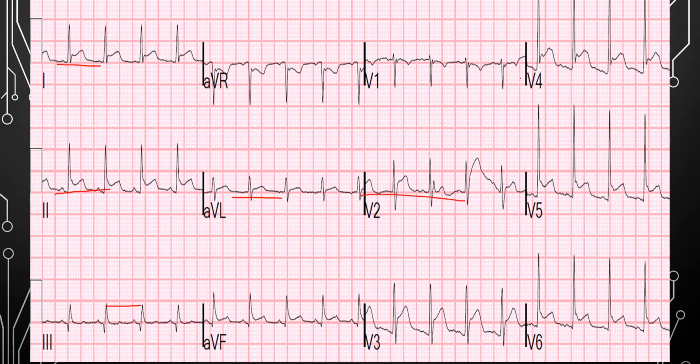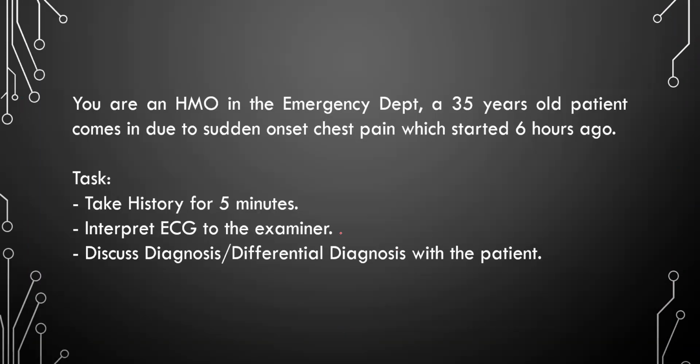See, that's something that happens quite commonly in the exam also. You will think you know the things, but still you will just say something wrong. Now, if you say ST depression in this case, you will not get marked in the ECG part, because that's the most important finding in this ECG.